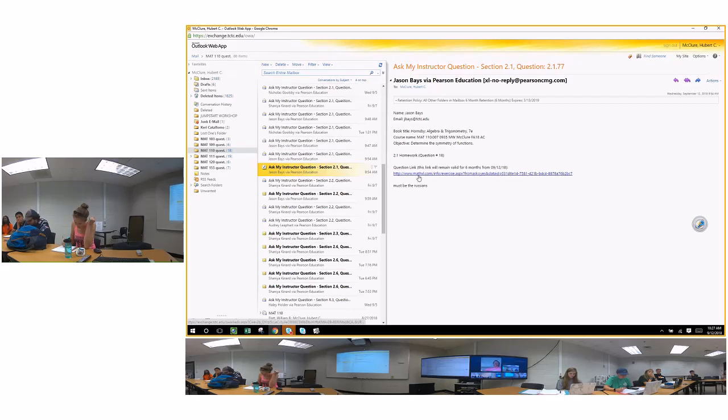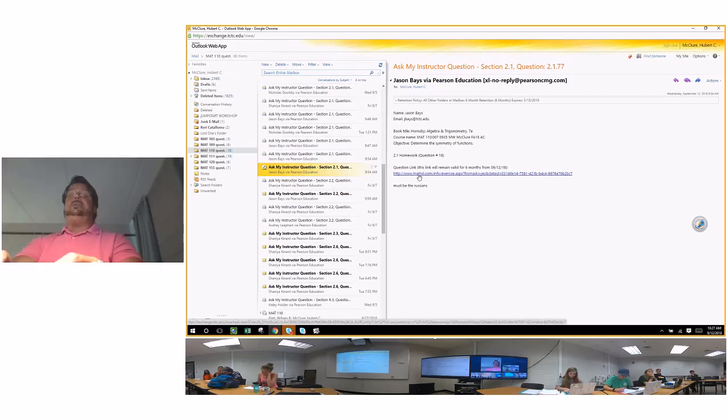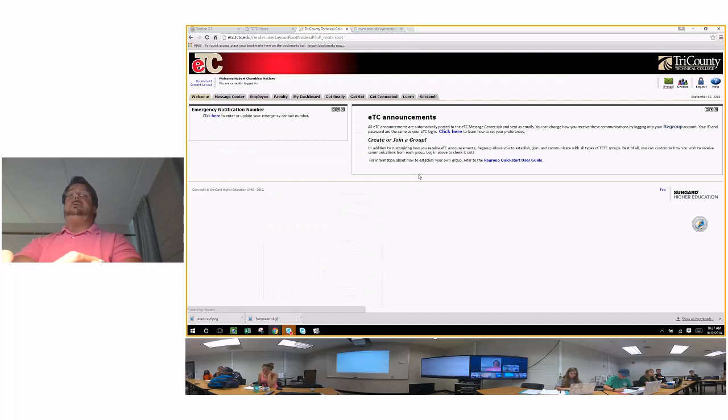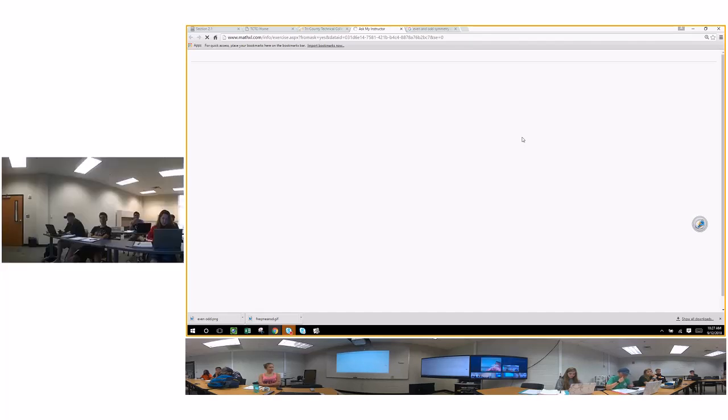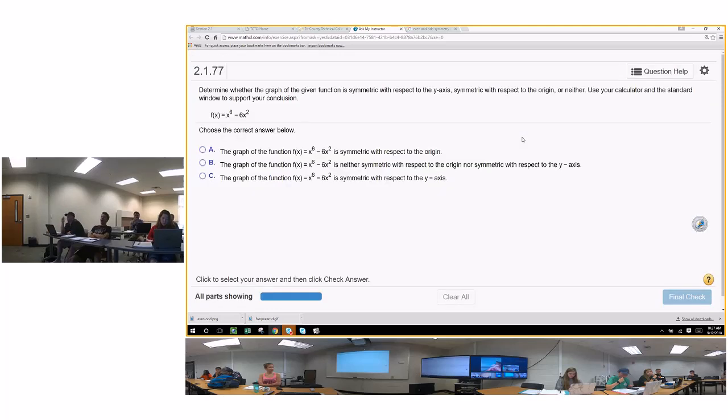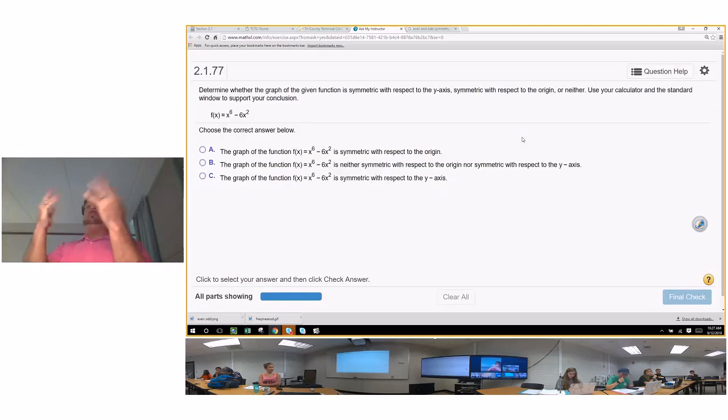Now, determine whether the graph of the given function is symmetric, whether it's odd or even.